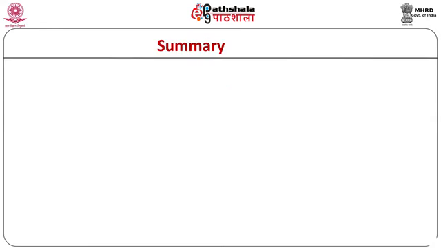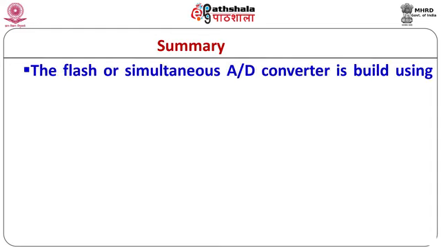Let us summarize this module. We have seen two methods of conversion of analog signal to digital form. The first one is the flash or simultaneous ADC, which is basically built using a number of comparators.